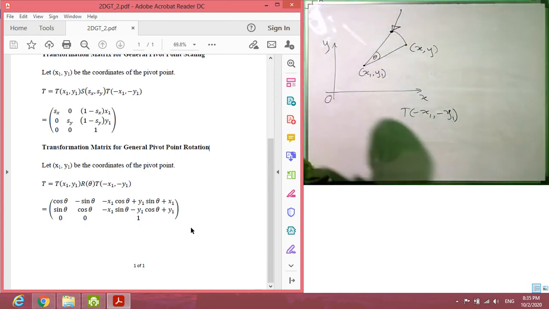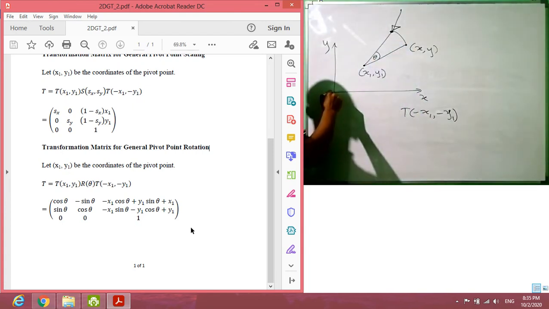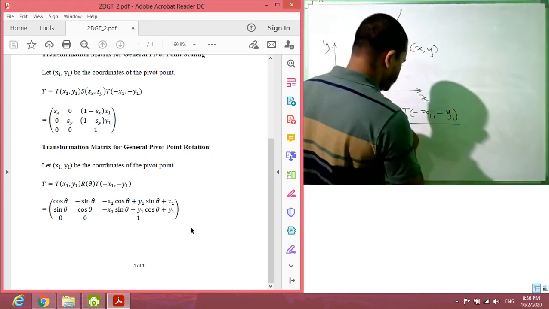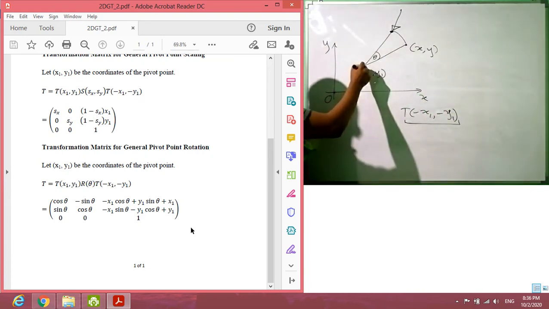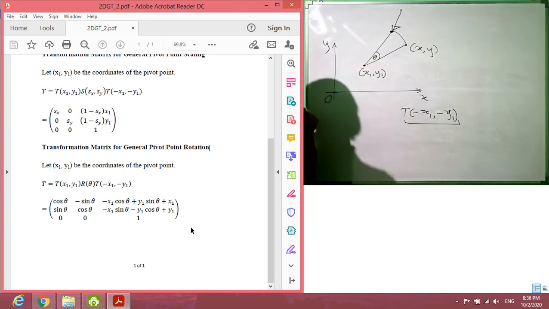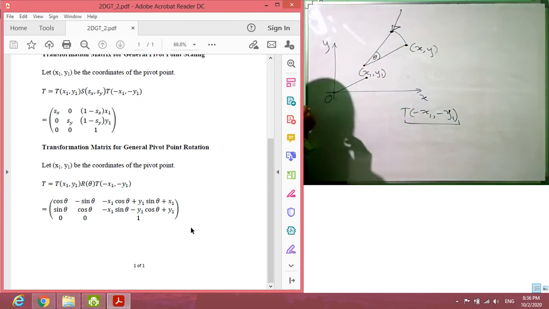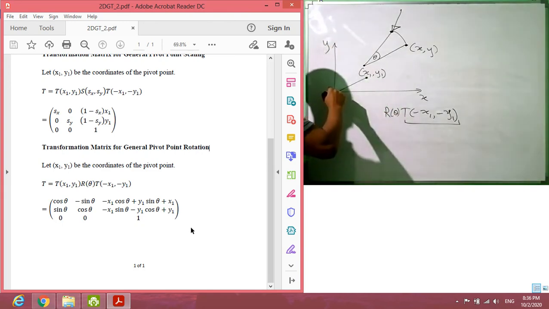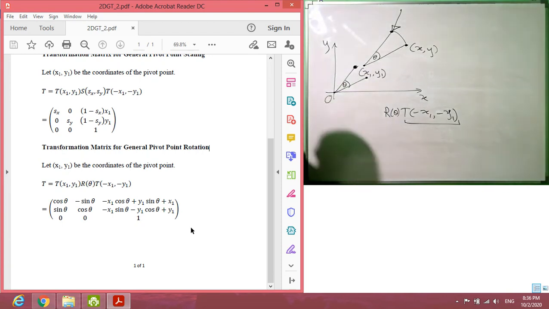Now our point is here. When we perform this part, now this point is here. Now our new point is here. Now we apply R theta, that means it rotates, and we have computed this point.